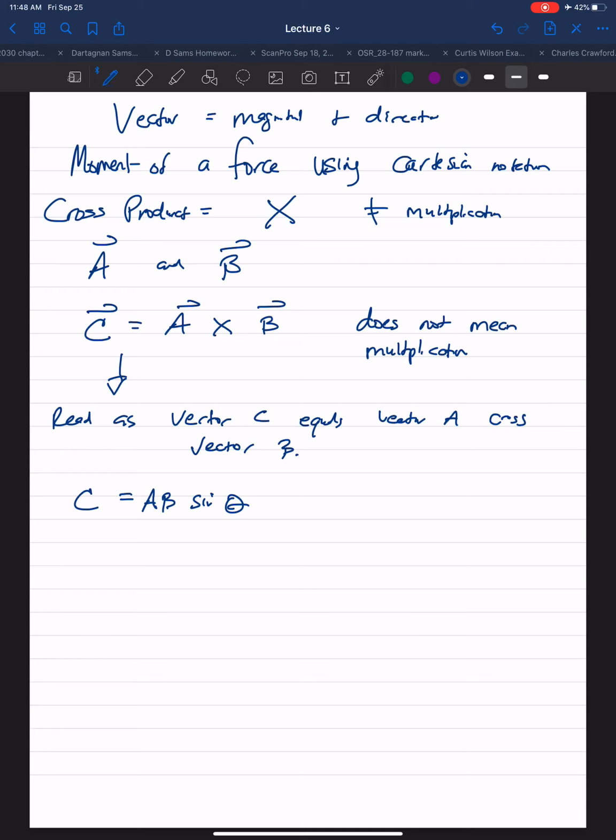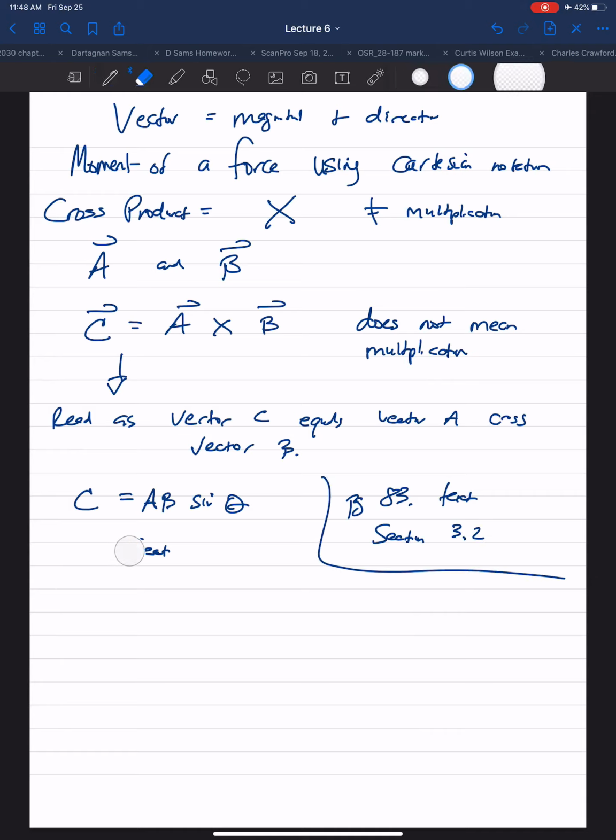And I'm on page 83 in the text, section 3.2, so you can follow along.